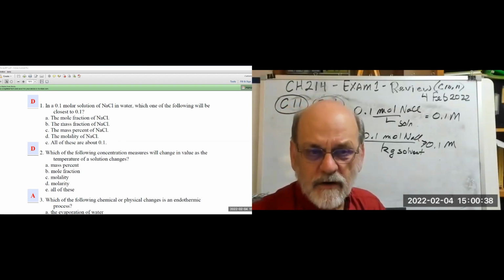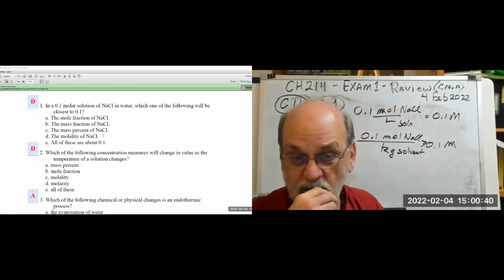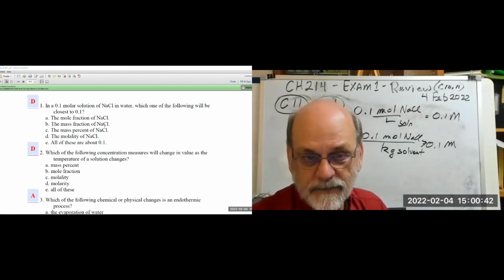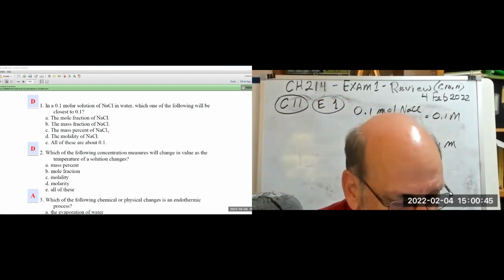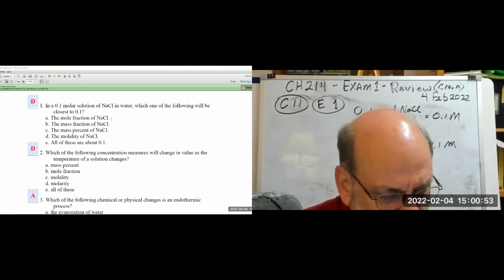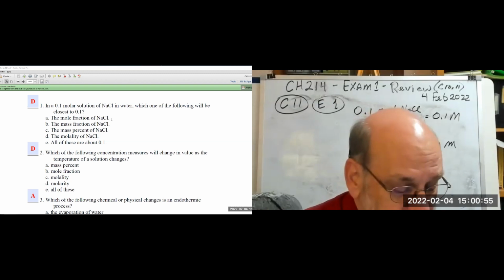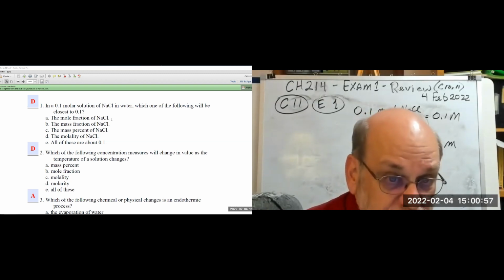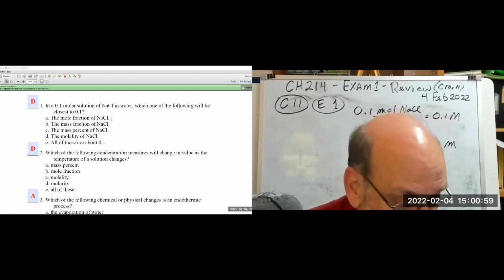And that's because of the actual calculation that goes into the, let's see. The first one is mole fraction, 0.0018. The second one is mass fraction, 0.00586.